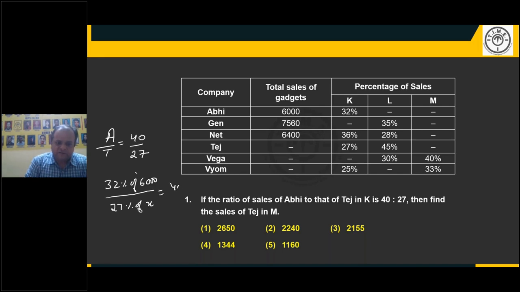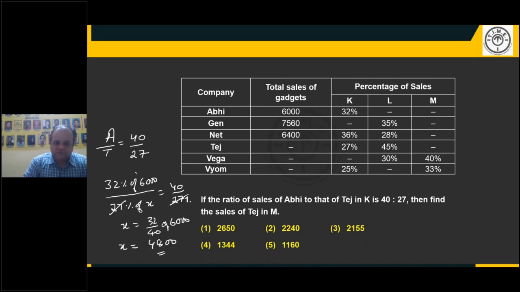And this ratio is given as 40:27. Now 27 gets cancelled with 27, and we can find the value of X to be 32/40 of 6,000. If we solve it, the total sales of Tej is 4,800.